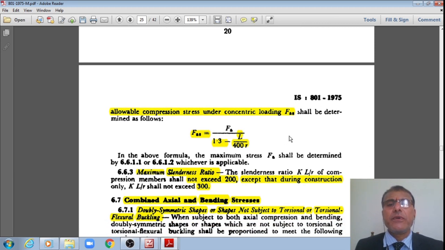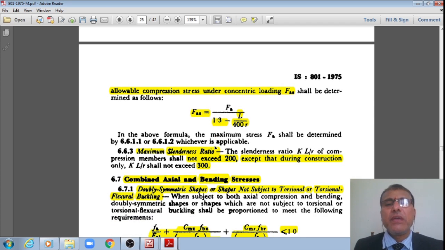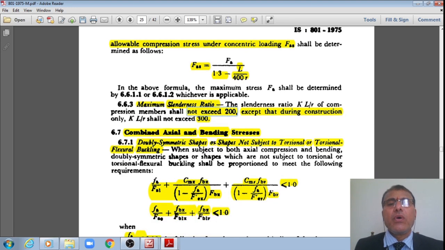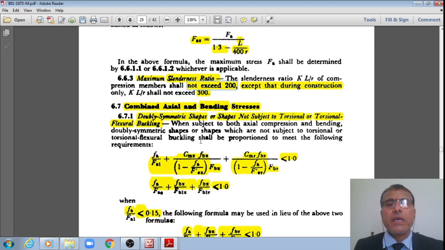FAC is equal to Fa divided by (1.3 minus L divided by 400 R), right? Now next one is maximum slenderness ratio. The maximum slenderness ratio KL by R of the compression member shall not exceed 200, except during construction it can be permitted up to 300. KL by R not greater than 300, right?